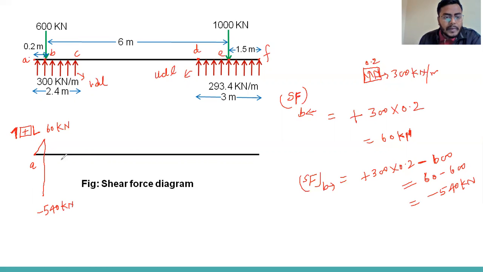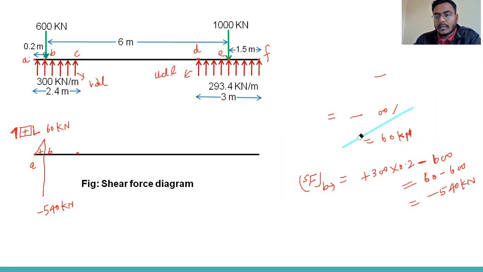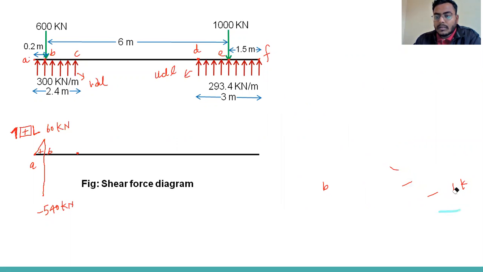Okay, now we will calculate the shear force at point C. This is A, this is B, it is positive. So let me erase all these things. First I am showing what this loading condition is.